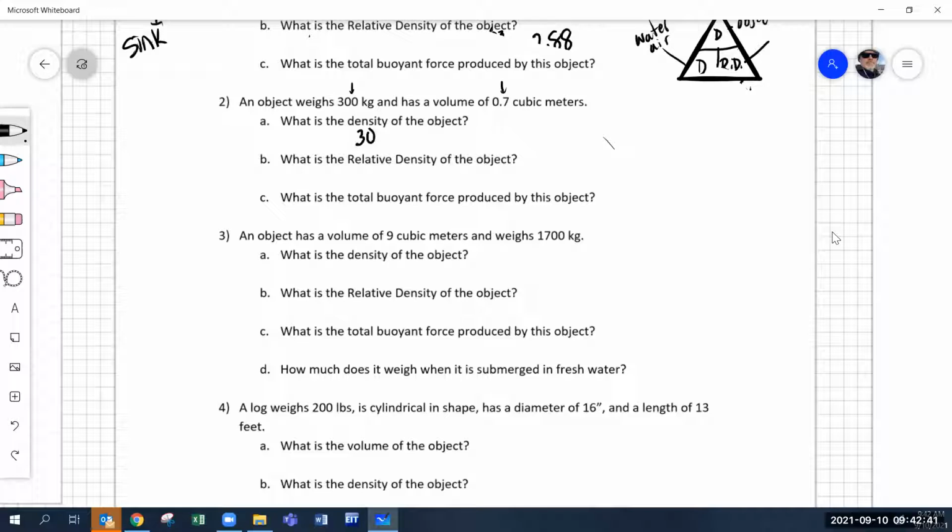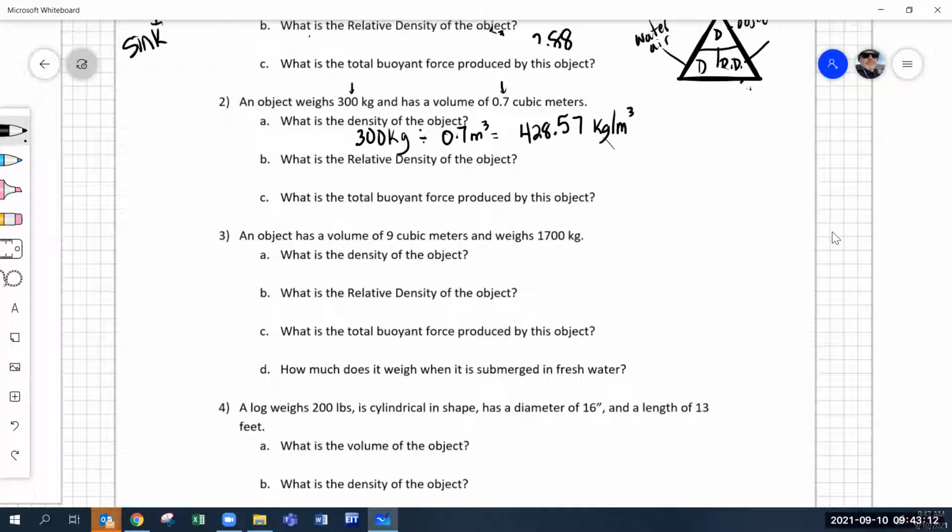Density is taking the mass and dividing it by the volume. So let's do that. 300 divided by 0.7. So that is 428.57 kilograms per cubic meter.